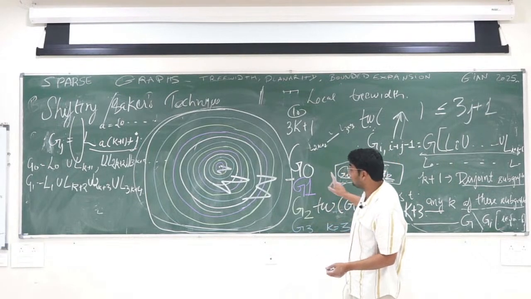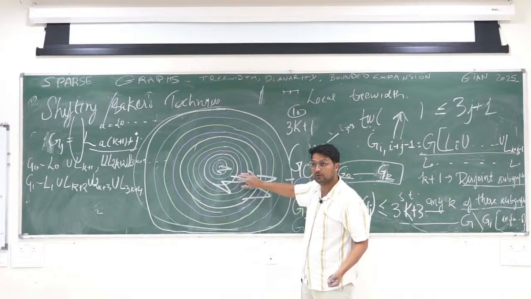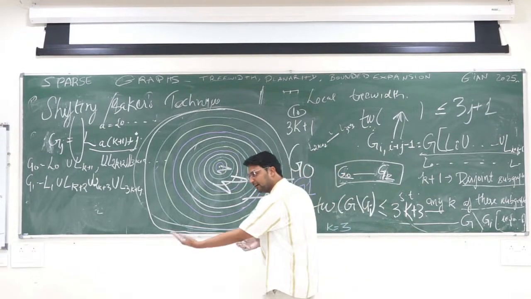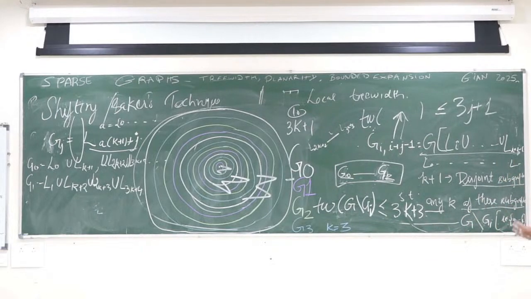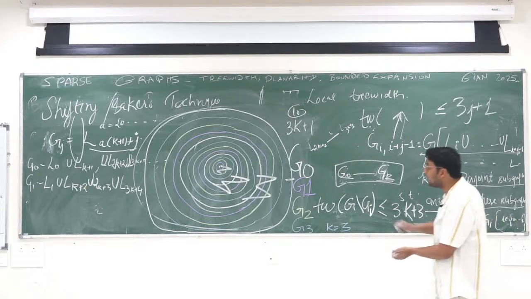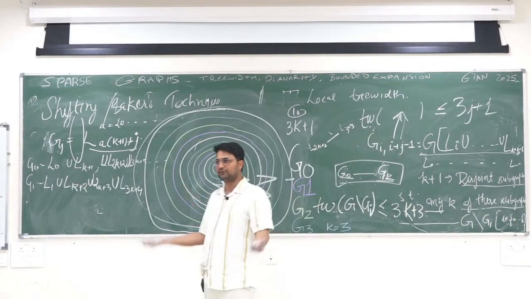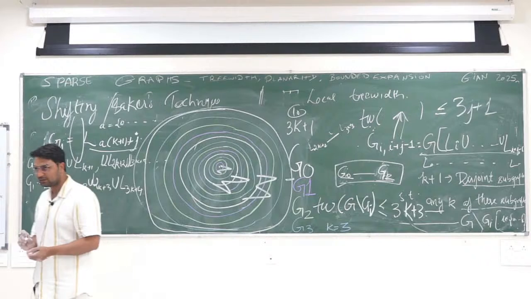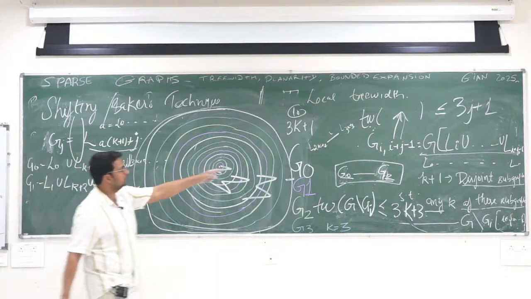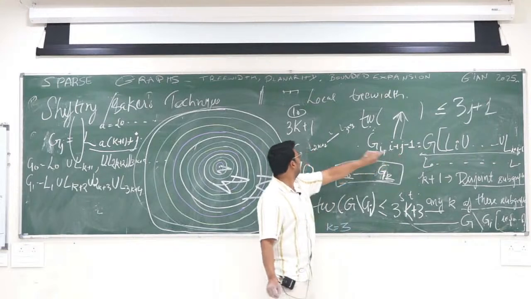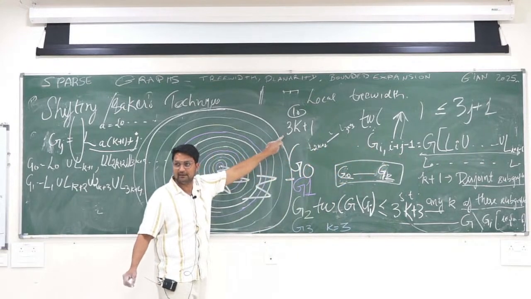So if you delete any of Gi, what you are left with is a collection of k concentric cycles, each of them with bounded treewidth. So if you are allowed to delete any of Gi, you can bound the treewidth of the remaining graph. Till here, it's fine. Right? Here you say 3k plus 1, whereas there you say 3j plus 1, because there it was defined in terms of j, and here in terms of k.